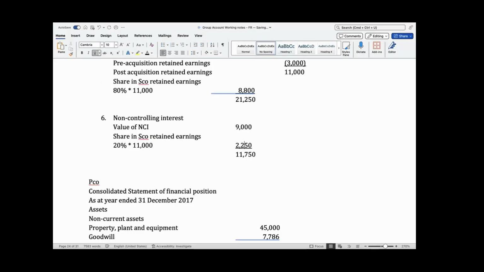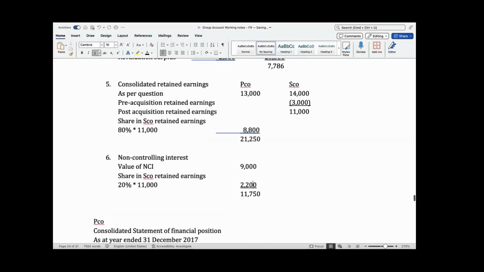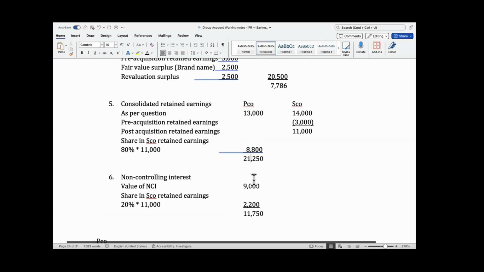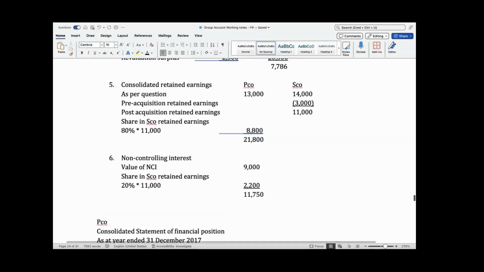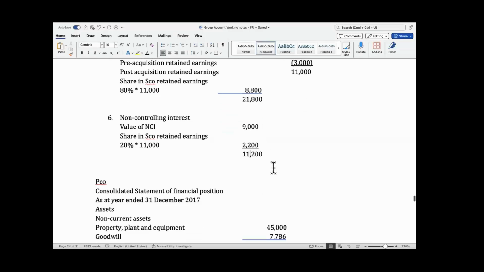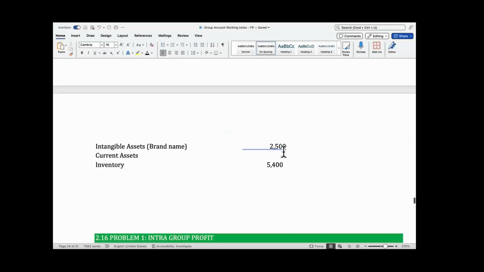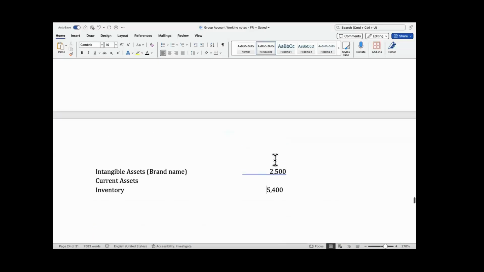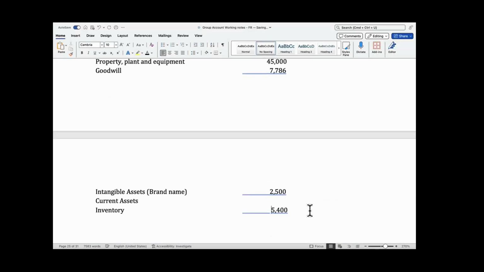I guess this should be 2,200. So this will change to what? That will be 800 here. So it will be 21,800, right? Yes, sir. And this will be how much? 11,200. Yes, sir. Okay, so that was a good question because it actually helped us. That means she's following very well.